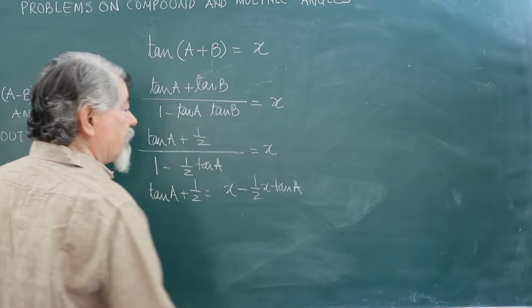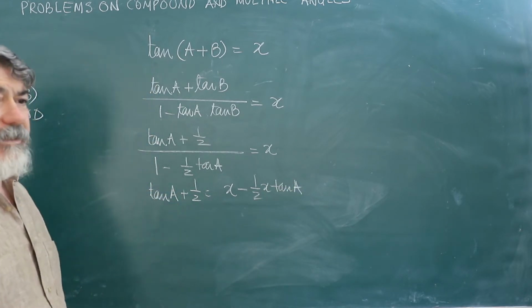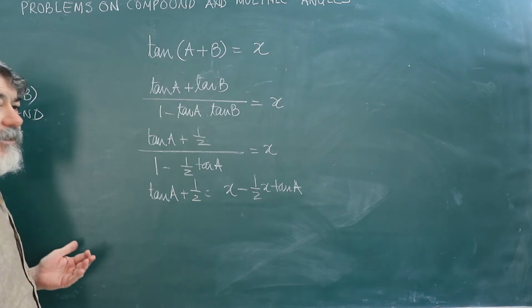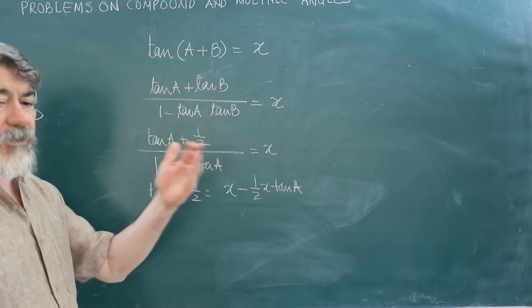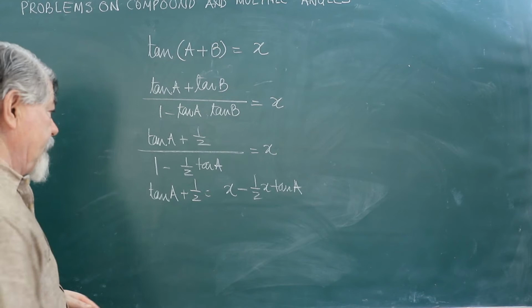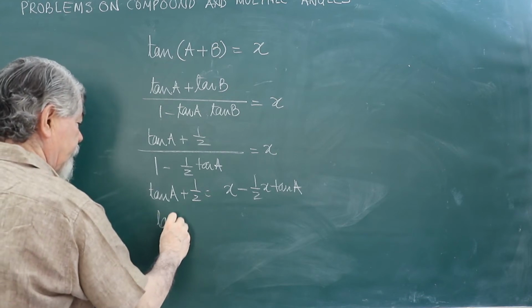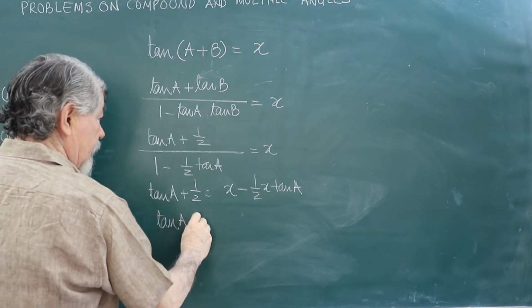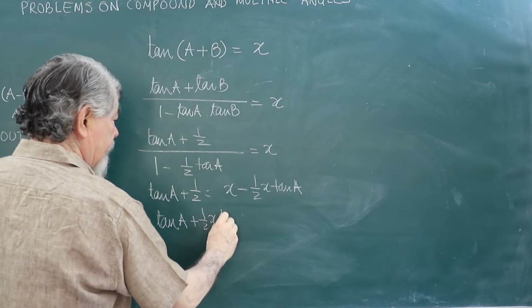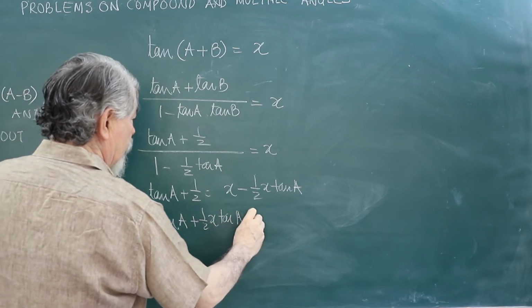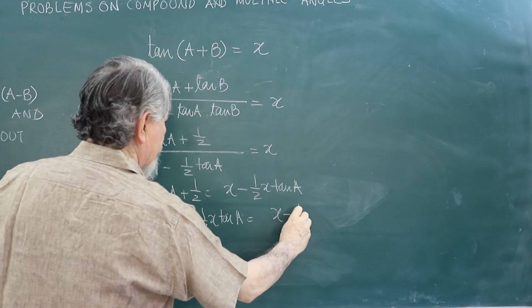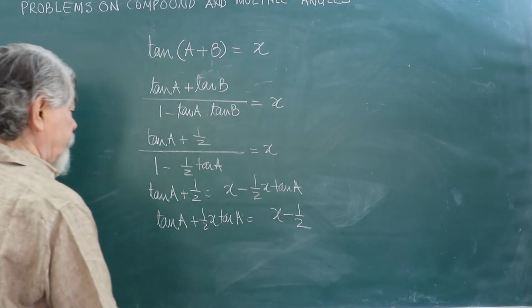And since I have to calculate tan a, let us bring tan a terms to one side and the constant terms to the other side. So tan a plus half x tan a will be equal to x minus 1 upon 2.